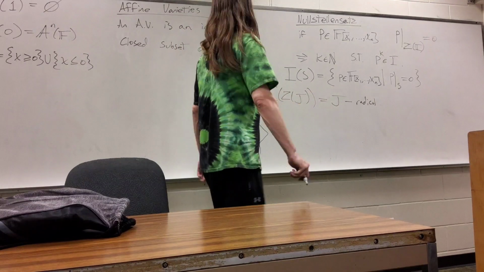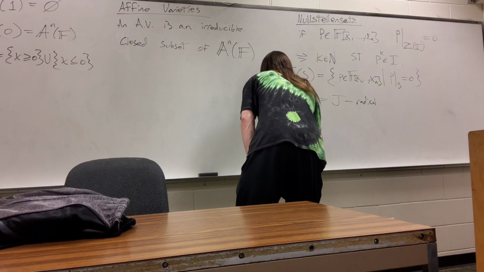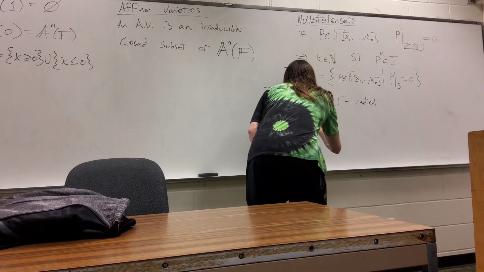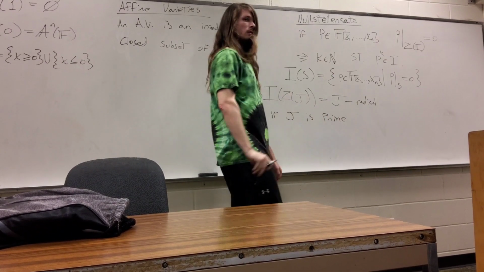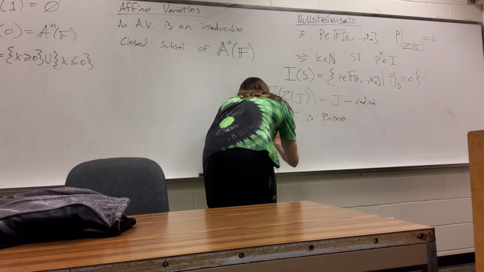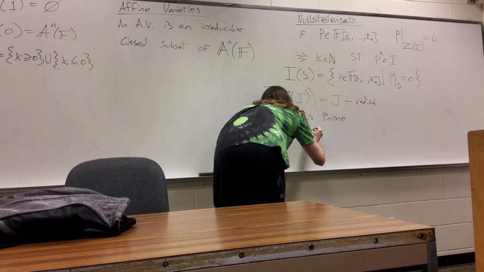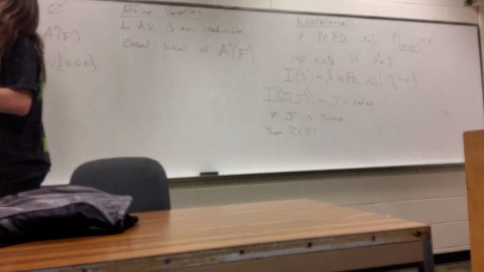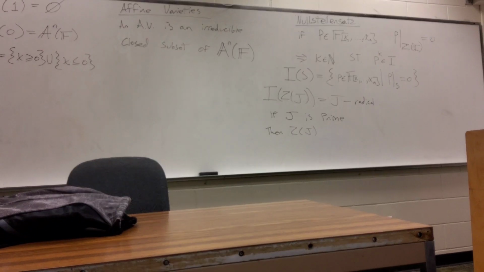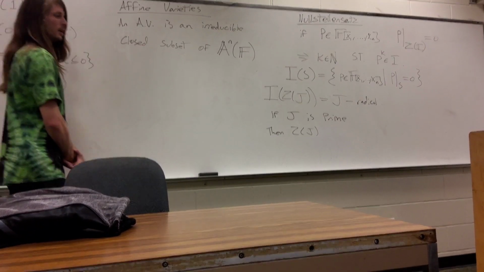So it turns out that if J is prime, a prime ideal, then the associated algebraic set is a variety. It's irreducible. And that goes both ways. If your ideal is prime, you are a variety, and the variety of a prime ideal.